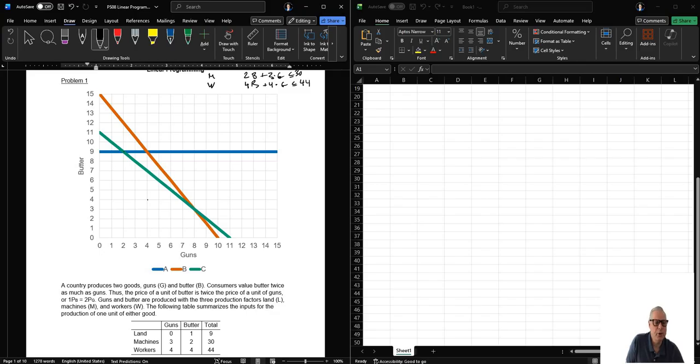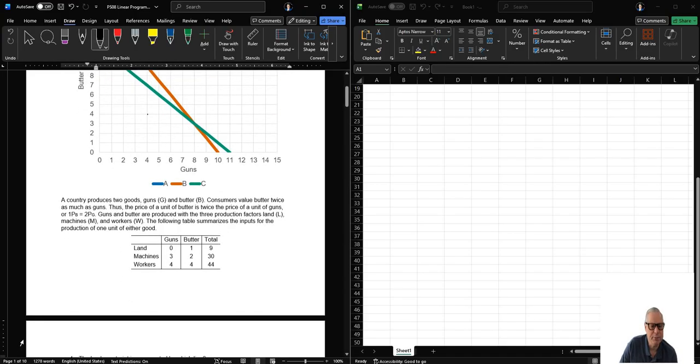So for example, in order to produce 4 units of butter and 4 units of guns, you see that then I need basically 4 times 4, 16 workers to produce guns and 16 workers for butter. So only 32 workers are working. Well, that means I have some 12 workers that are unemployed or are slacking off that can still be used.